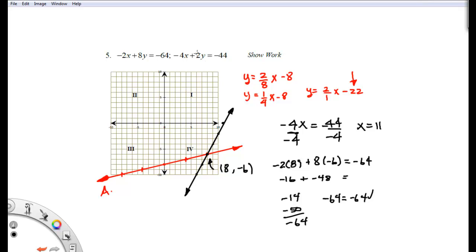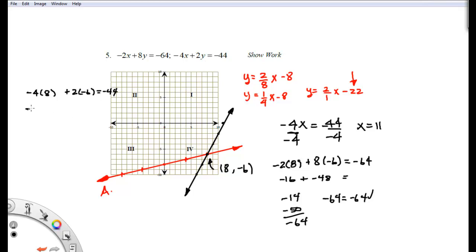Now let's go ahead and check the other one. So let's do that one over here. I've got -4, my x is 8, my y is -6, and that's supposed to equal -44.